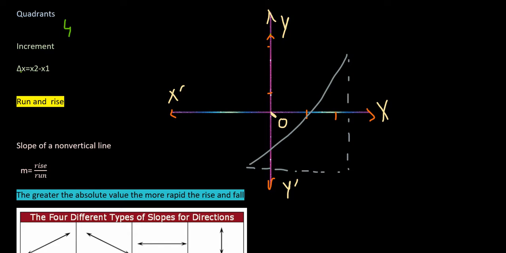So suppose I am going to take two ordered pairs, or you may say two coordinate pairs. This will be our x1 and y1, and here will be our x2 and y2.